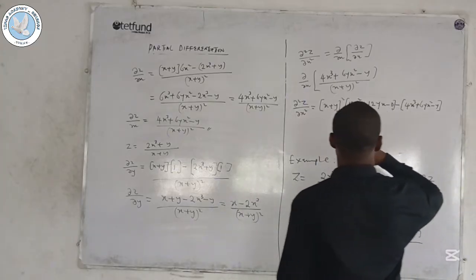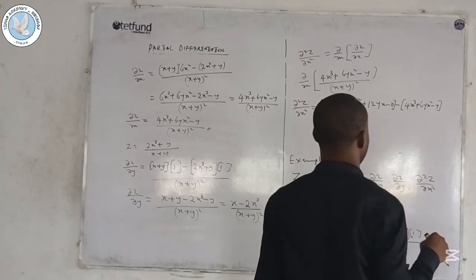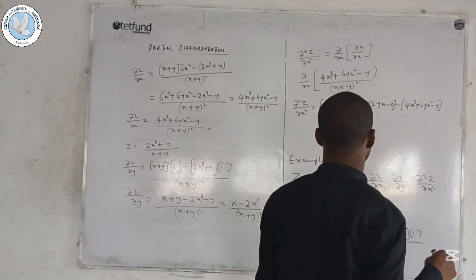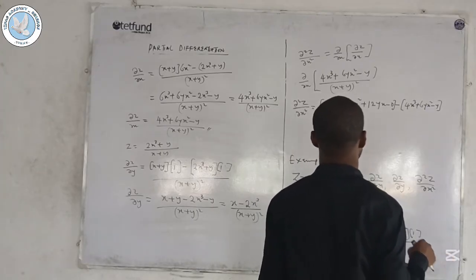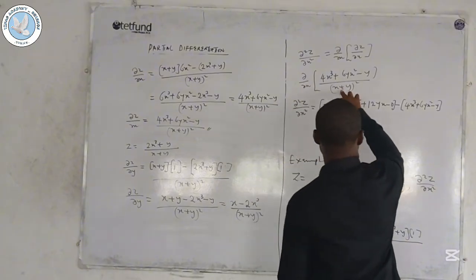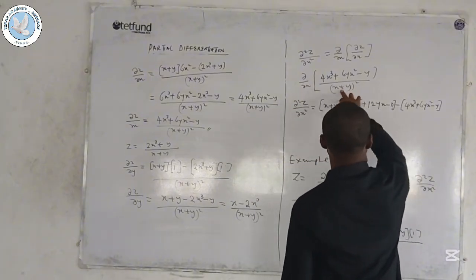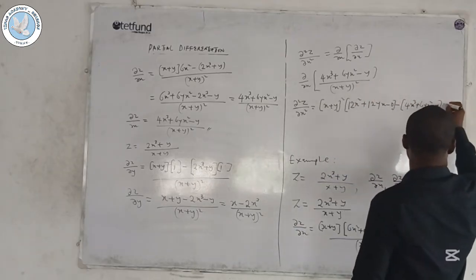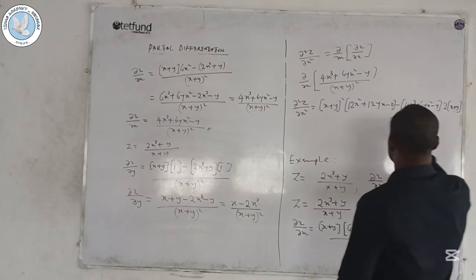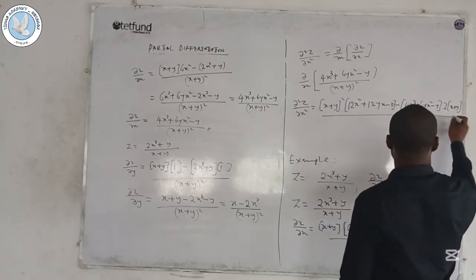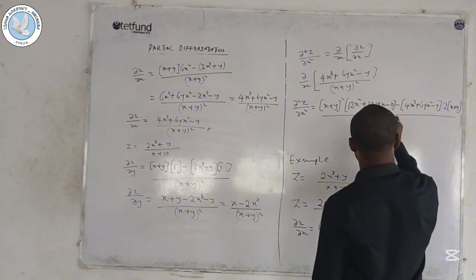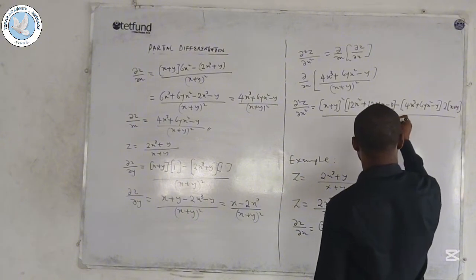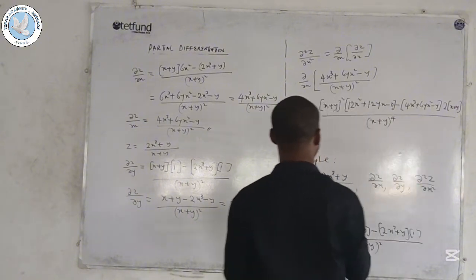So differentiating this with respect to x is going to give us, you differentiate the bracket, also differentiate the power, so that will give us 2 into this plus this. Divide the whole thing by plus 1 divided by 4, raised to power 4.